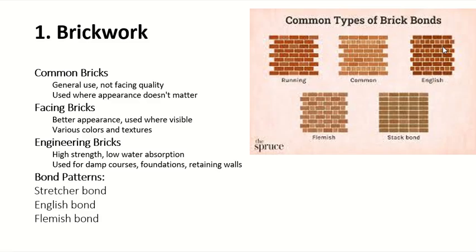This one is the stack bond, where the bricks are like a grid: one brick, one brick, one brick. In all the other types, the bricks are not one over the other, so this unevenness gives a better bond, and it helps us save material as well.